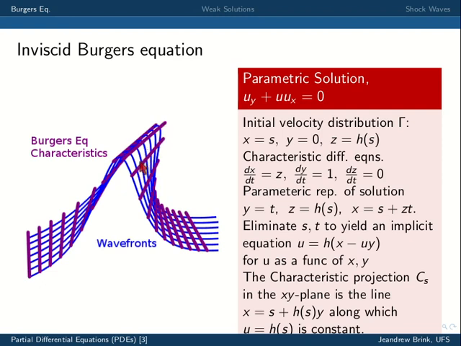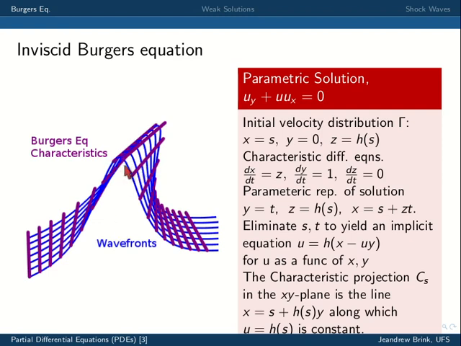For example, here the initial shape was symmetrical. The thing at the top of the curve is going to travel faster because the slope of this characteristic projection into the xy plane, in other words this line down there, is bigger than the one behind it.